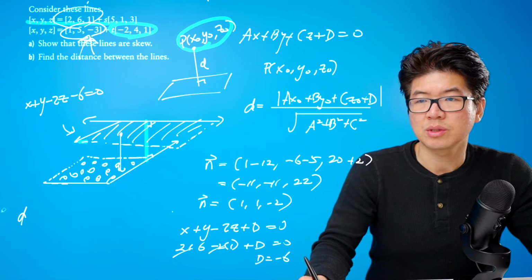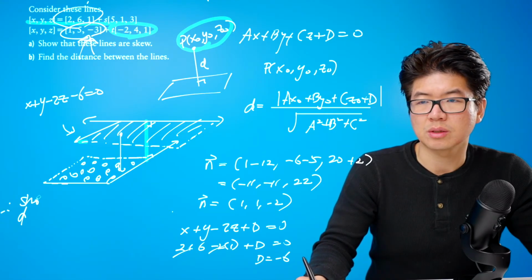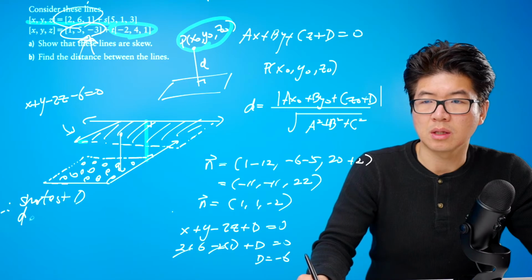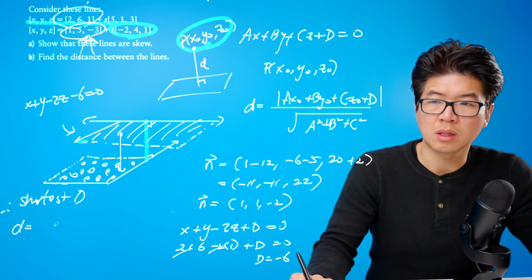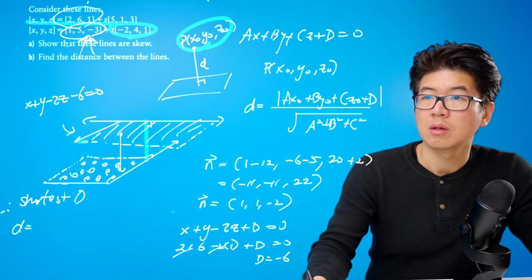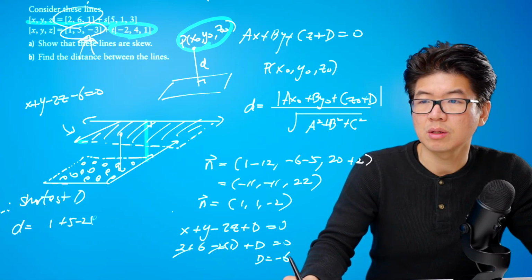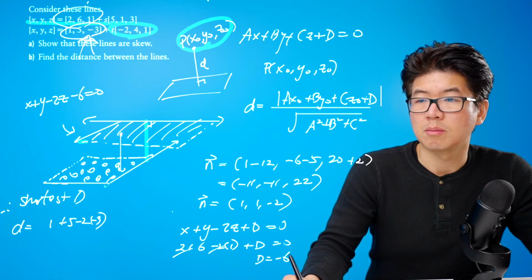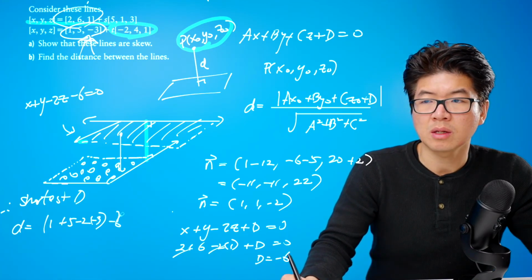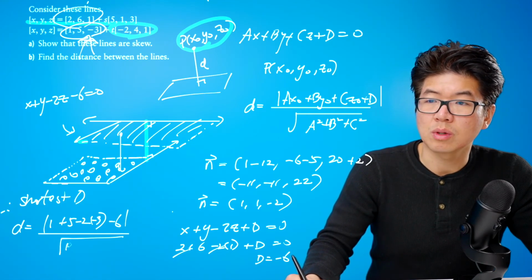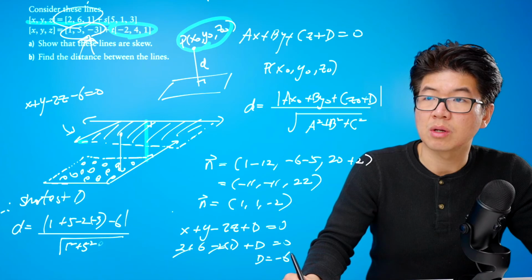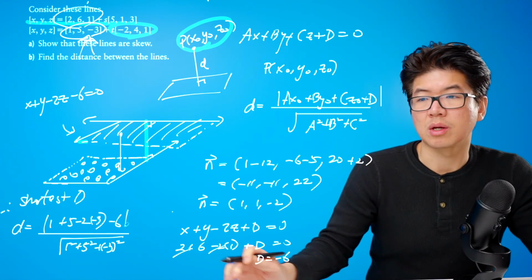So therefore the shortest distance D is going to equal the absolute value of 1 plus 5 minus 2 times negative 3, and then minus 6, over the square root of the sum of those squares: 1 squared, 5 squared, minus 3 squared.